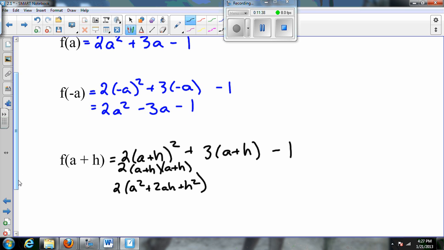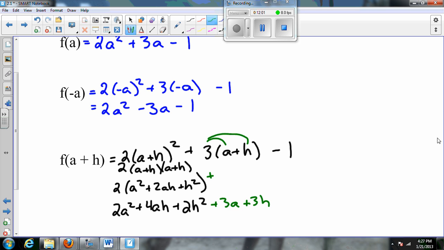And now we distribute the outside 2. So we get 2a squared plus 4ah plus 2h squared. Okay, now we need to take care of the 3 times a plus h and distribute the 3. We get plus 3a plus 3h.